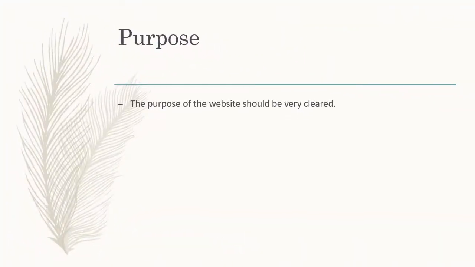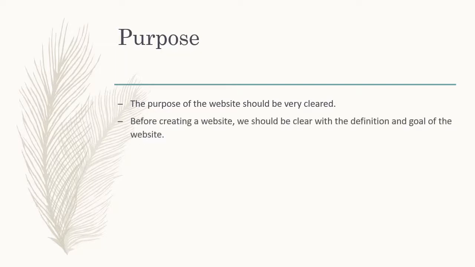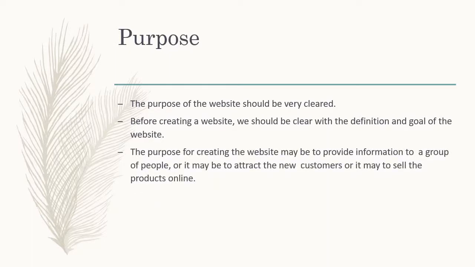The purpose of the website should be very clear. Before creating a website, we should be clear about the definition and goal of the website. The purpose for creating the website may be to provide information to a group of people, or to attract new customers, or to sell products online.